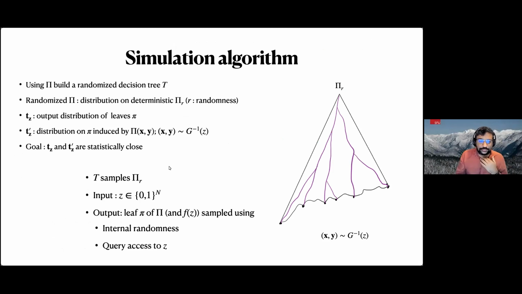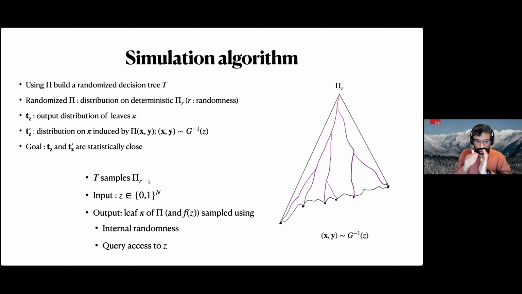Okay, so now I'd like to get into the high level overview of how we prove such a lifting theorem. The easy direction is as obvious as the one we just saw earlier. It just follows that recipe. The hard direction is what we'll focus on. And this is not just restricted to the inner product gadget.